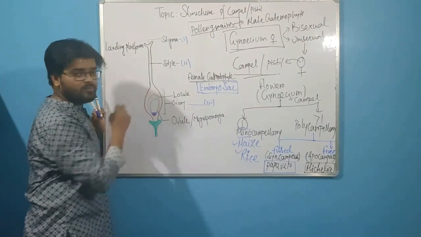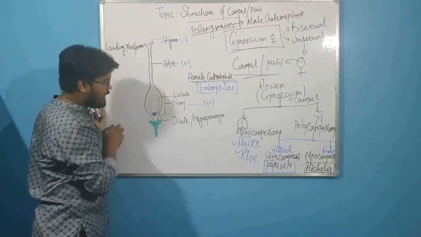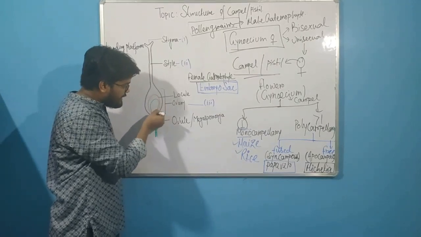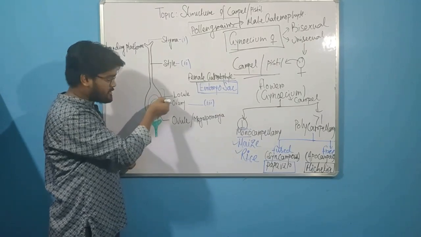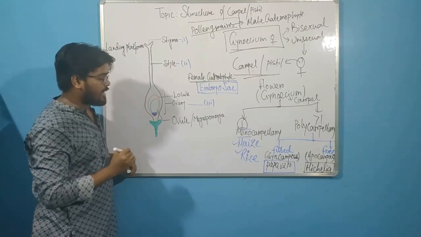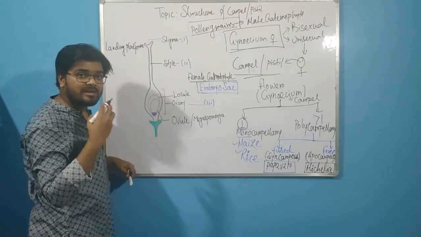Now look into the ovary in detail. The swollen part is the ovary. If you look into the detailed portion of the ovary, there is a reddish portion, which I marked with red ink. This reddish portion is called the ovarian locule or ovarian cavity.